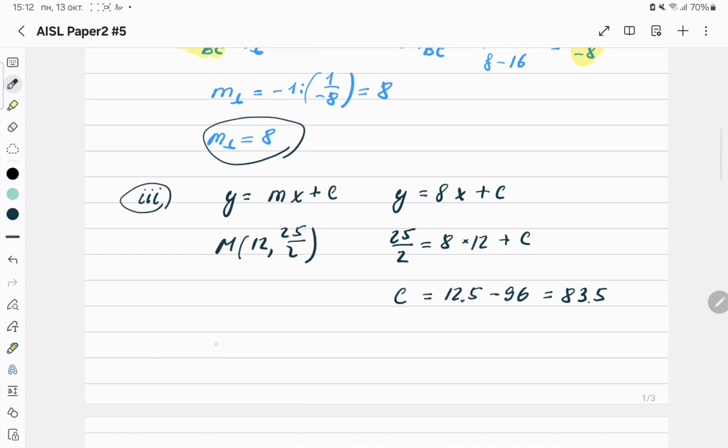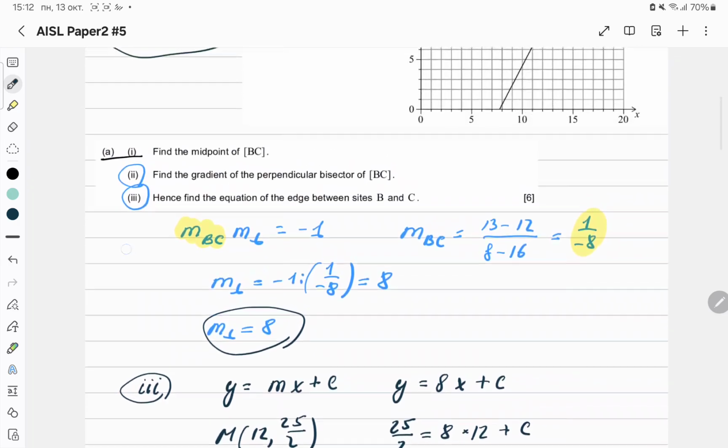So the final equation is y equals 8x minus 83.5. This is the equation of the edge of BC. Okay, part A is done.